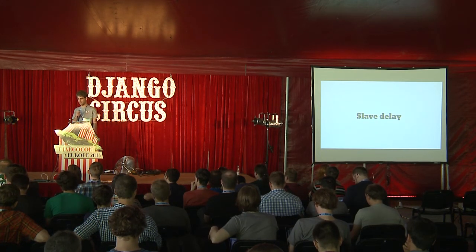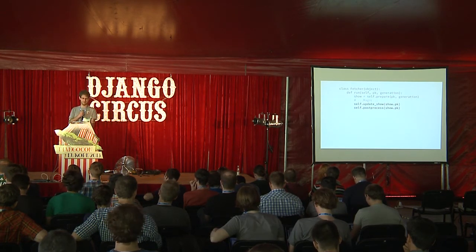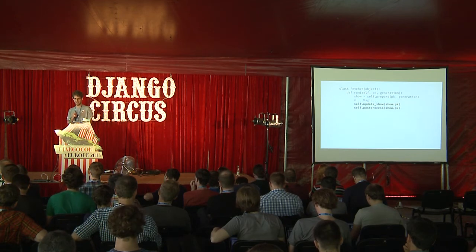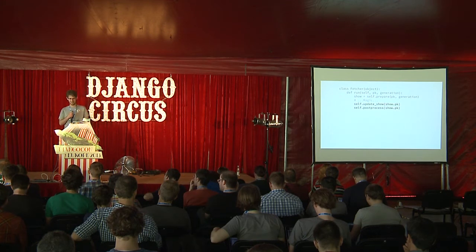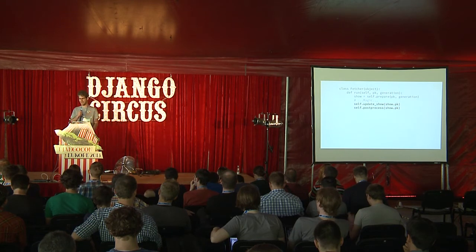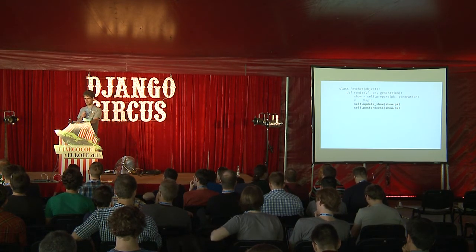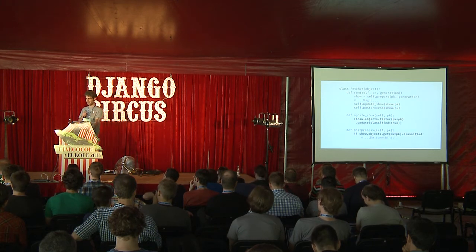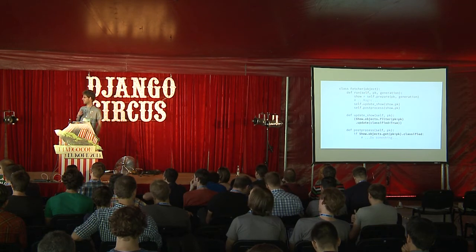There is also the question of slave delay. I guess that all of the guys who work with multi-DB know it. Basically, you trade consistency for speed there, because the slave may be a few seconds delayed. So there is this code. This is more of an application problem than a Django problem.